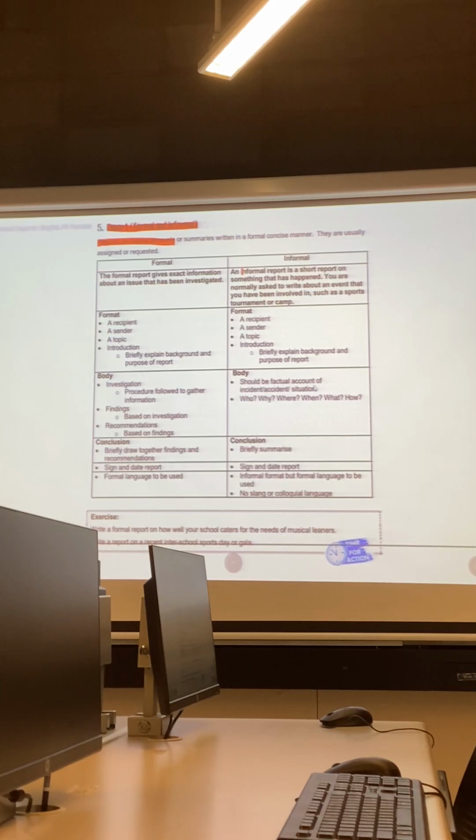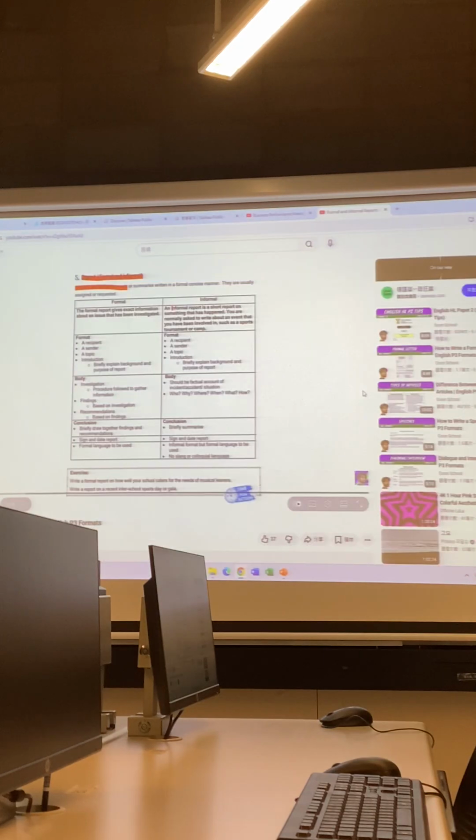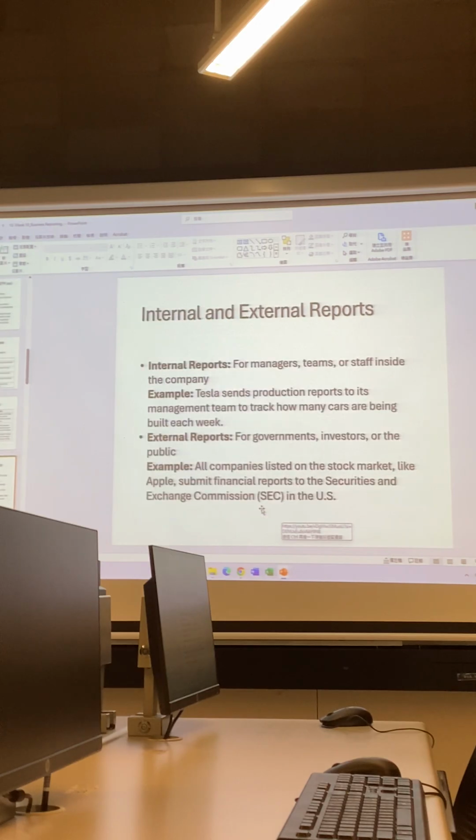So who, for example, is the victim or the person in charge, where it happened, when, why it happened, what happened, and how it happened. Some people use the 5W and 1H. Okay, this is the difference between formal and informal report.